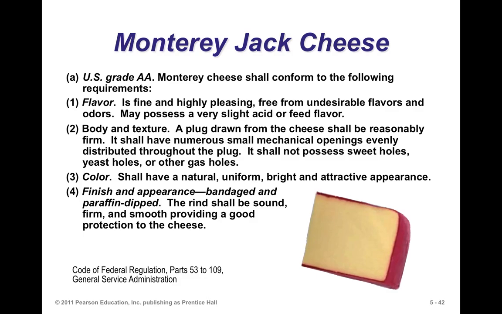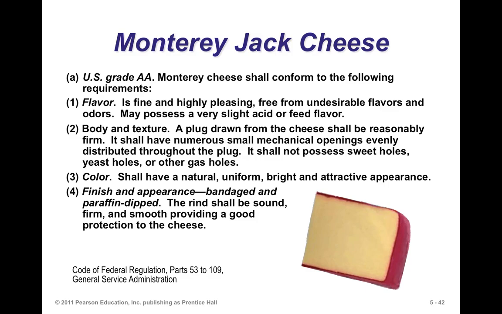So here's an example of product specifications for Monterey Jack cheese. US grade AA Monterey Jack cheese shall conform to the following requirements. Flavor is fine and highly pleasing, free from undesirable flavors and odors, may possess a very slight acid or feed flavor.